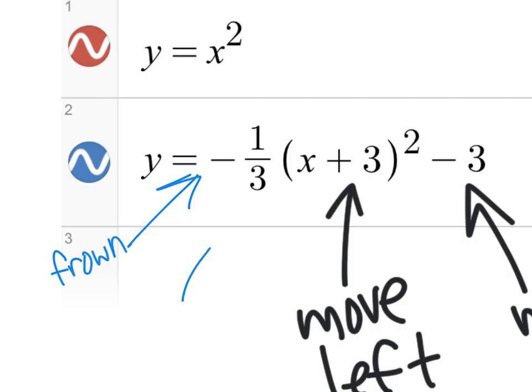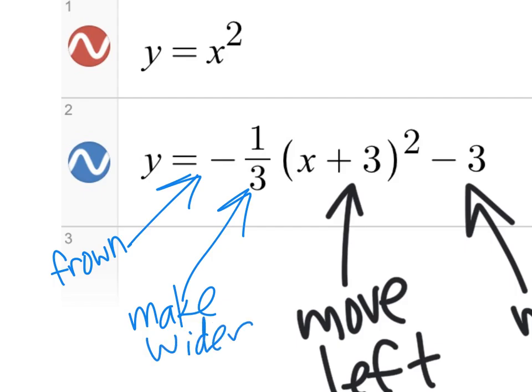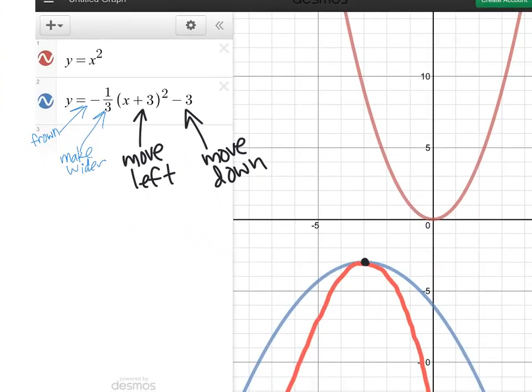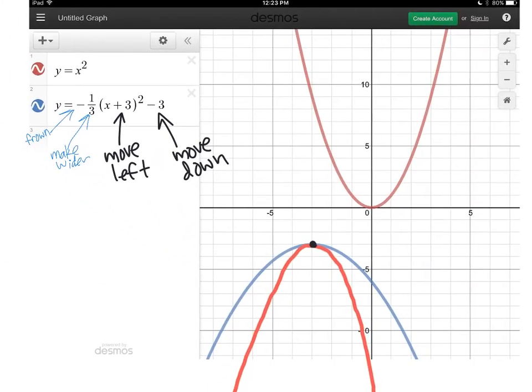And what does the 1/3 do? Well, the 1/3 makes it wider instead of skinnier. Makes it wider because look, we can see that the original one was right here, but the new transformation is wider.